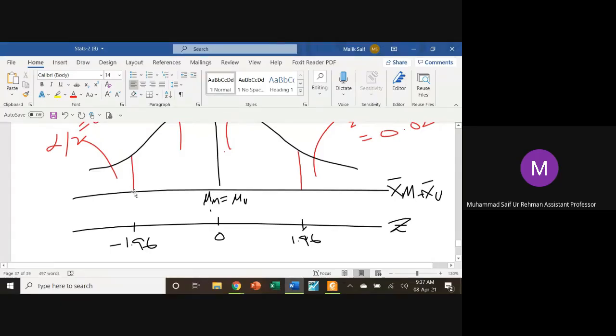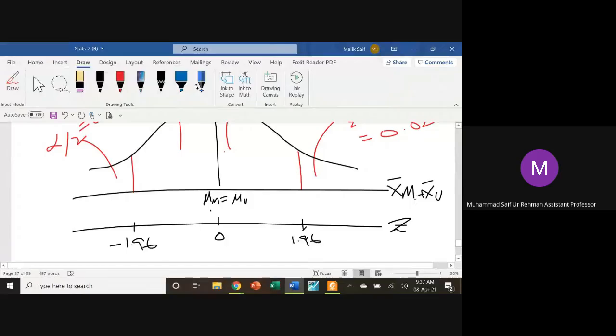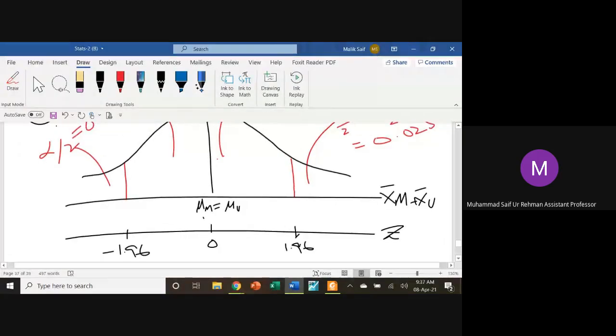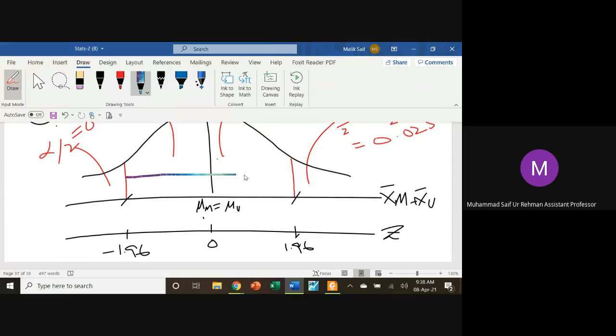And from minus 1.96 up to positive 1.96, this central region is the acceptance region. So if z calculated is in between these two values, then you will say that we have remained unable to reject the null hypothesis.